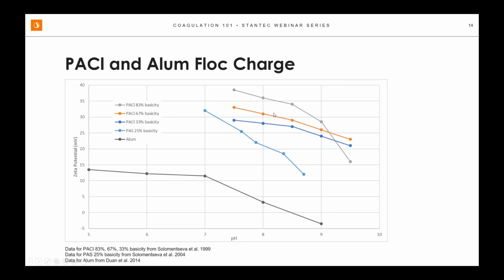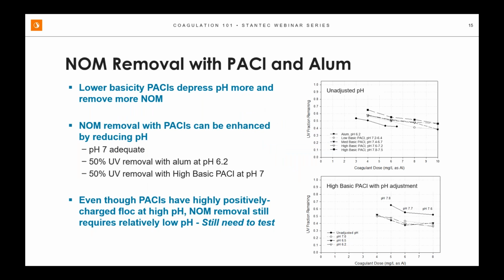But the particle charge from these polyaluminum chlorides is way higher than alum. So again, this just gives you some theory and some lab data that explains what you might have seen in the plant, where these polyaluminum chlorides work better in some cases at higher pHs.